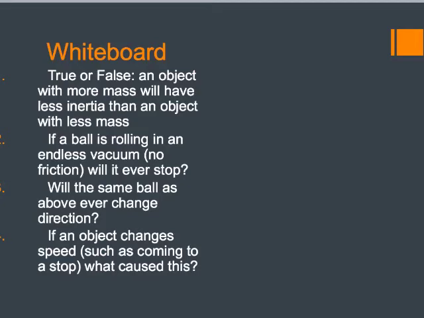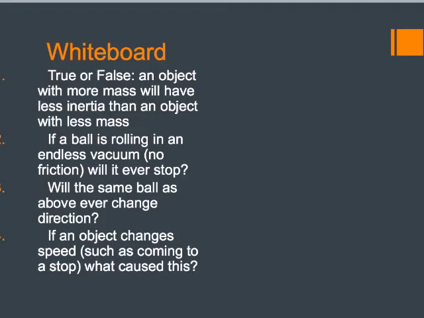This isn't a whiteboard thing, but just try these. See if you know what the answers are, and I'll give them to you in a second. First one, true or false, an object with more mass will have less inertia than an object with less mass. Is that a true statement or a false statement? And then if a ball is rolling in an endless vacuum, meaning absolutely no friction, the most common force that stops things is friction, so let's say we get rid of it.